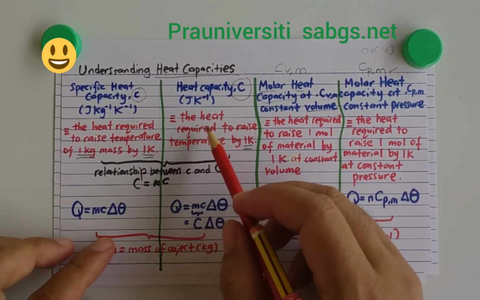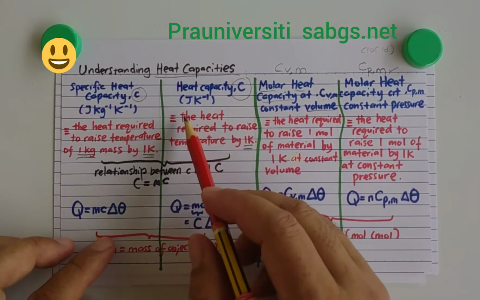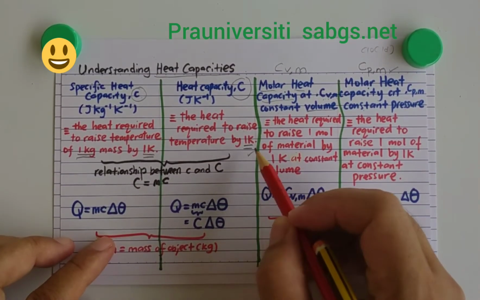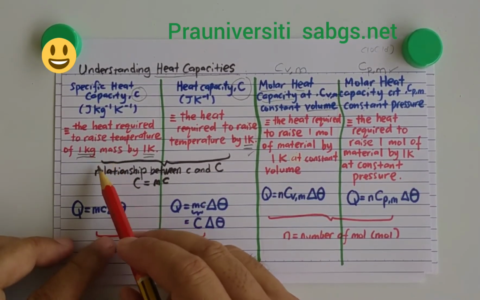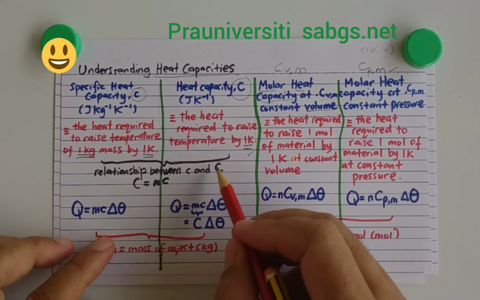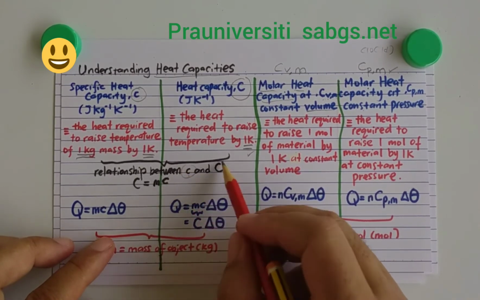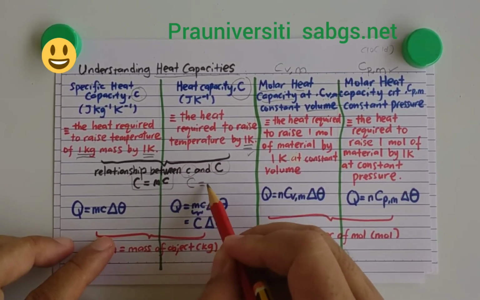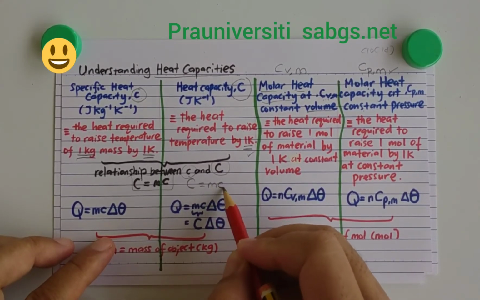In this case, we don't have the 1 kilogram. So I repeat, the heat required to raise temperature by 1 Kelvin. And then the relationship between the specific heat capacity c and the heat capacity: C is equal to m c.